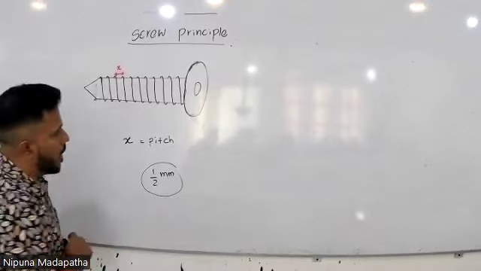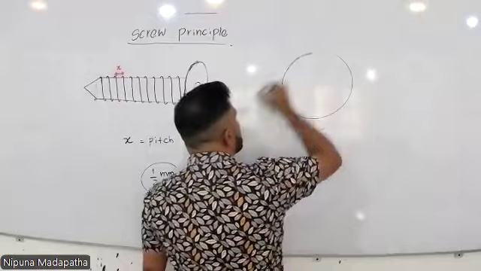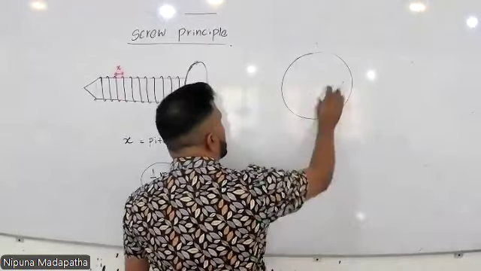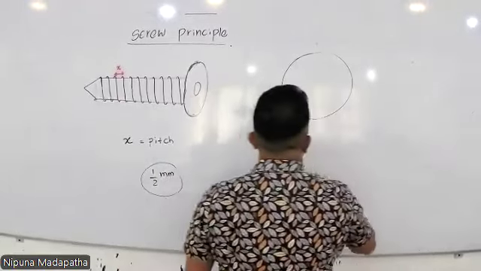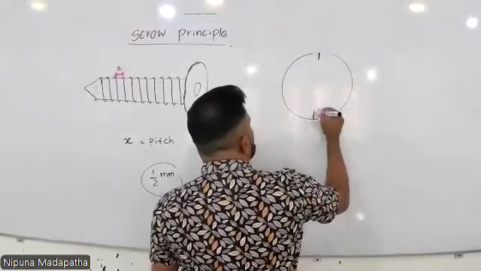So what happens if you divide this circular part, the head of this screw, which you can call the thimble, into a certain number of divisions?